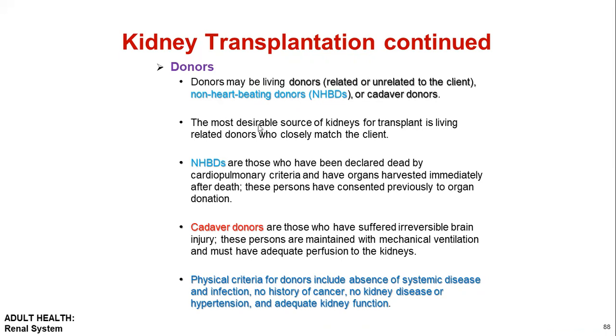The most desirable source of the kidney transplant is a living related donor who closely matches the client. Non-heart-beating donors are those who have been declared dead by cardiopulmonary failure criteria and have the organ harvested immediately after death.